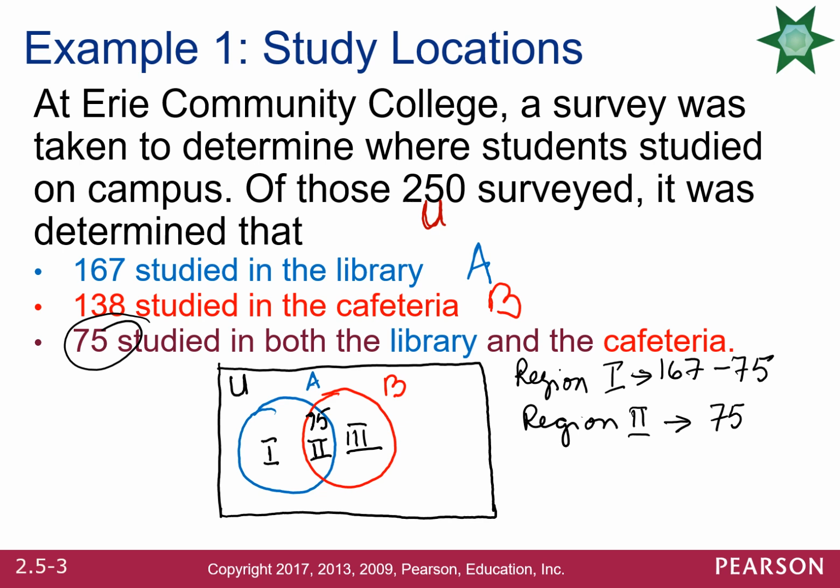To find out how many would fall under region 3, it's the same thing, but this time it's 138 minus the 75. So let's go on to the next slide to see what questions we have to answer about this. But now that we have our diagram here, it's going to be somewhat easier.